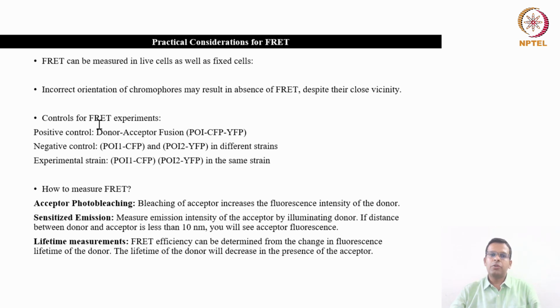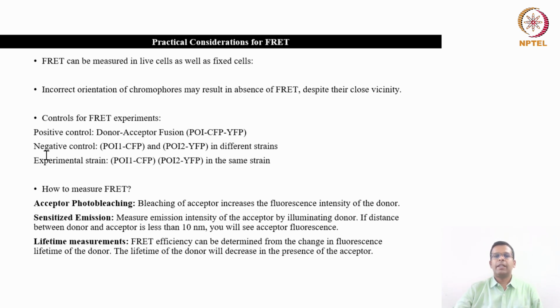Then some of the controls which are used for the FRET analysis. So, positive control. This kind of plasmids are commercially available in which the protein of interest or any other protein is dual labeled, like CFP and YFP. So here CFP and YFP are in close proximity because they are fusion proteins.